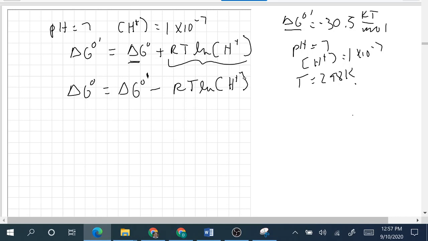And so delta G naught is equal to negative 30.5 times 10 to the third joules per mole, so we can keep our units straight.